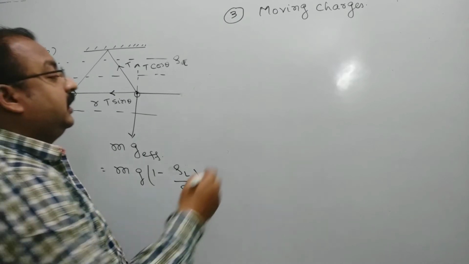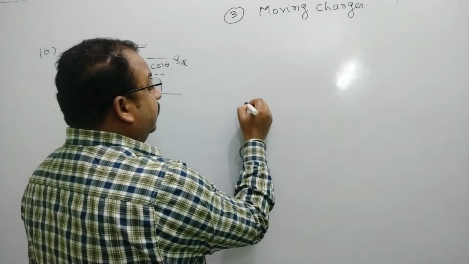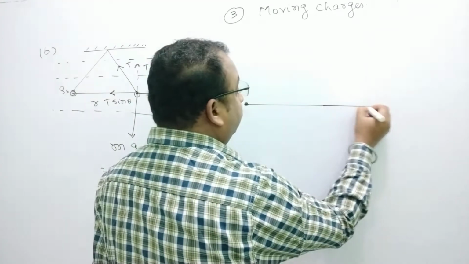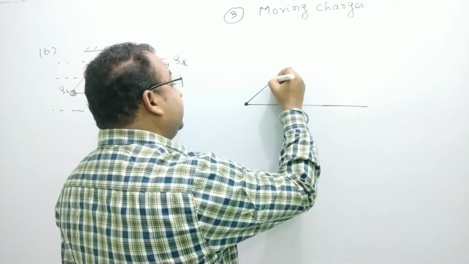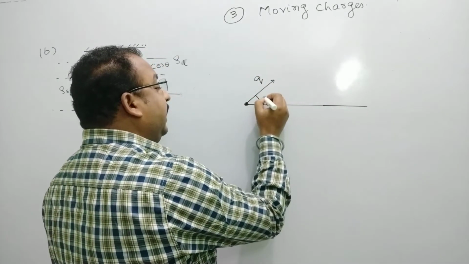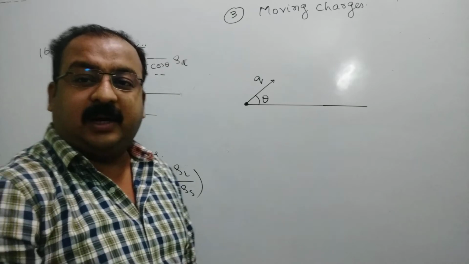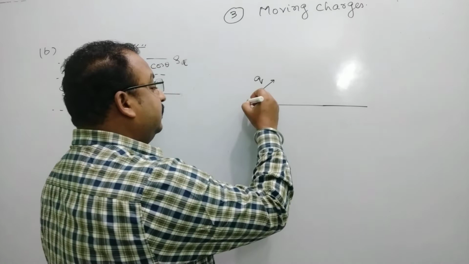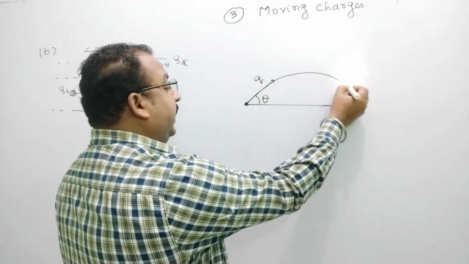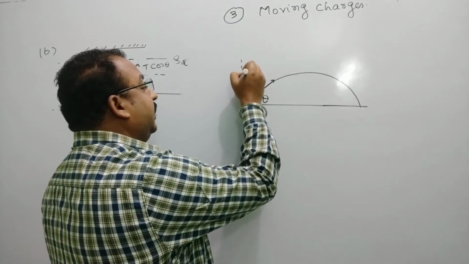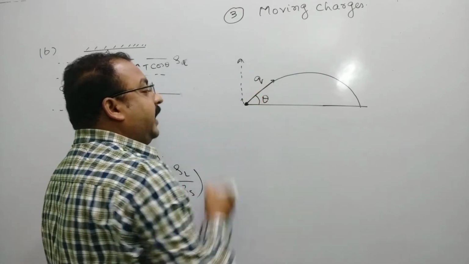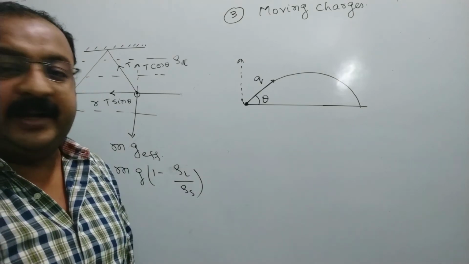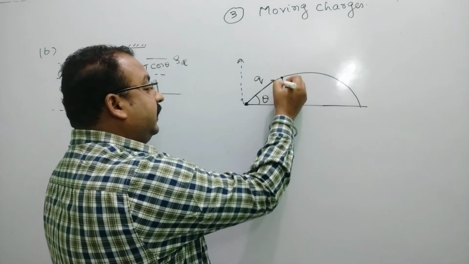Suppose on a ground level, we have projected a charge Q at some angle theta with the horizontal from the ground. Obviously, this charge will follow a parabolic path, that is, its motion will be a parabola. That is projectile motion. The acceleration due to gravity is acting downward.